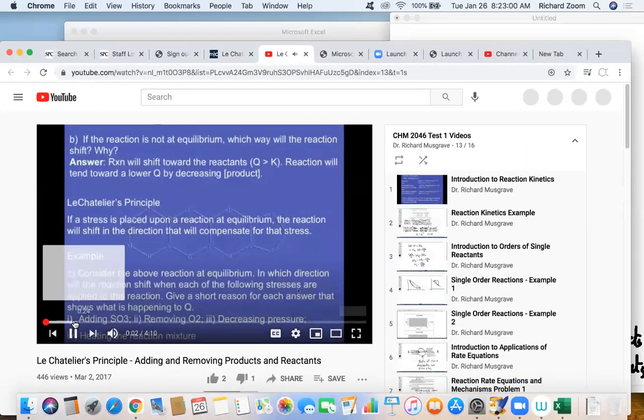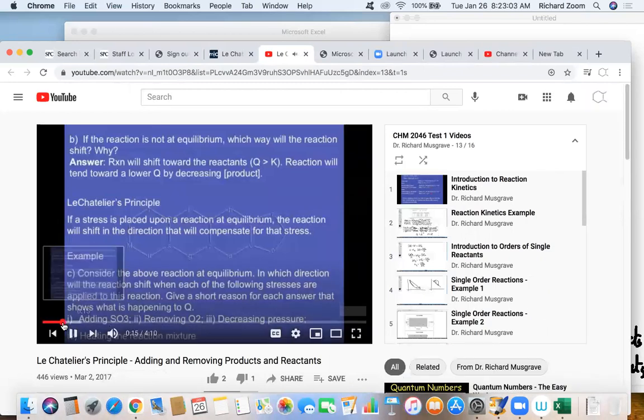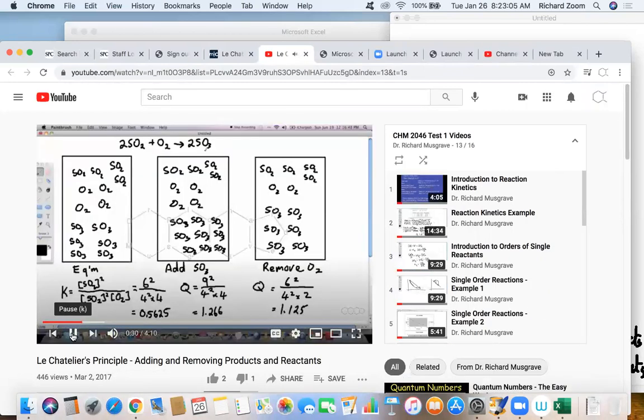I'd like now to talk about Le Chatelier's principle, and basically the effect of adding SO3 and removing O2 on the reaction that gives 2SO3. I know this looks kind of complicated, but this is what we're doing here. So I've made up something here for equilibrium. If I'm saying it's at equilibrium, we can simply calculate the K value by counting the number of SO3s, the number of SO2s, and the number of O2s, using the reaction up at the top here.